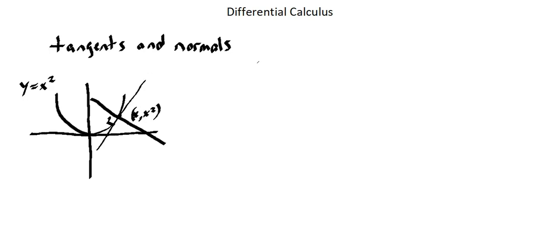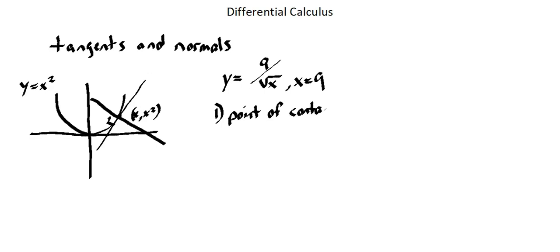Let's evaluate the function y equals 9 over the square root of x for an x value of 9. First step is to calculate the point of contact, which is a point on the original function. So I want to know the y value when x equals 9.